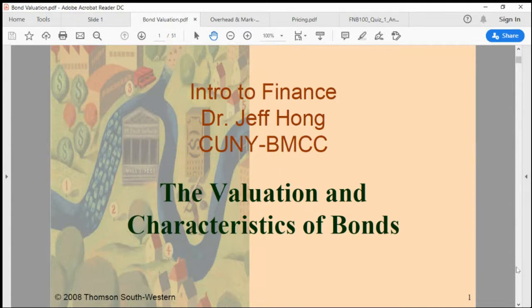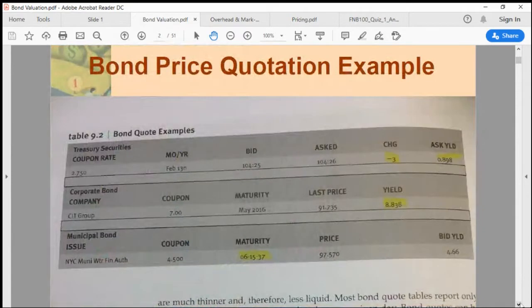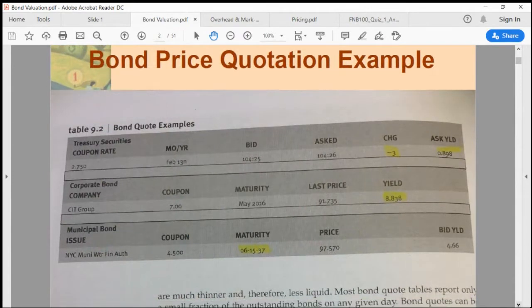Now, we know already pretty much about the bond basics because we started out this semester with return on investment. The topic was return on investment, but eventually we ended up discussing a lot about the bond.